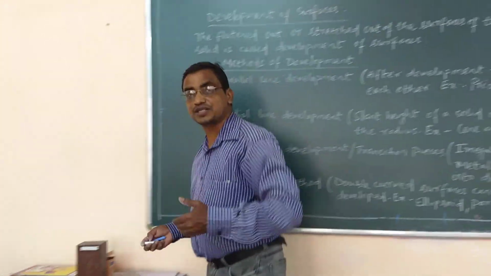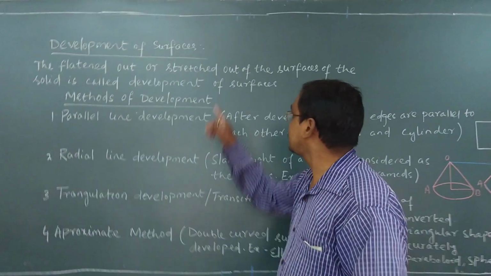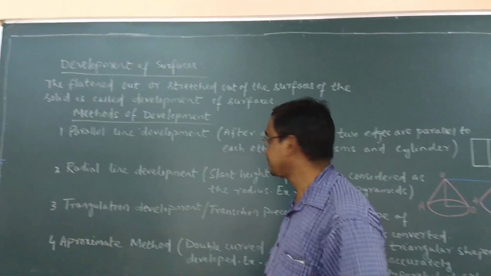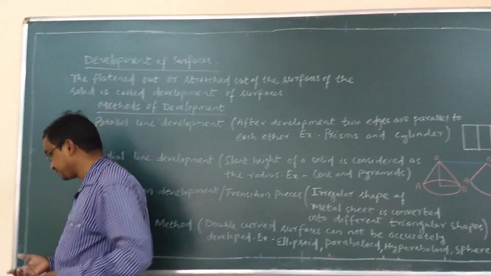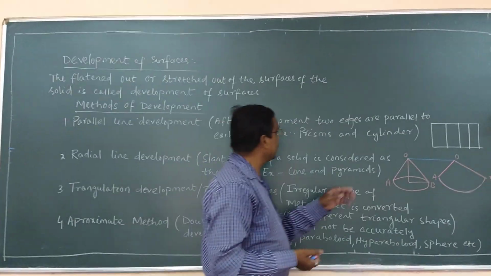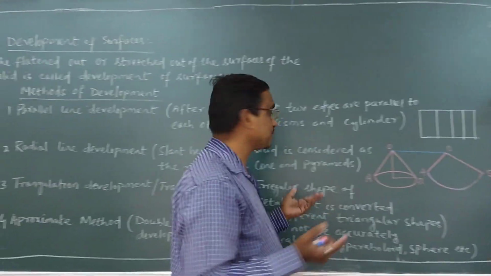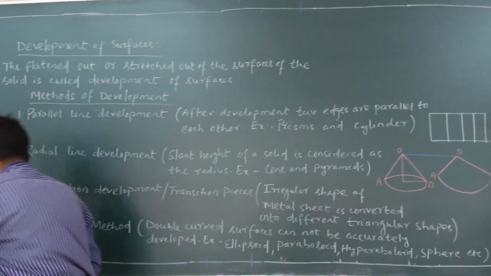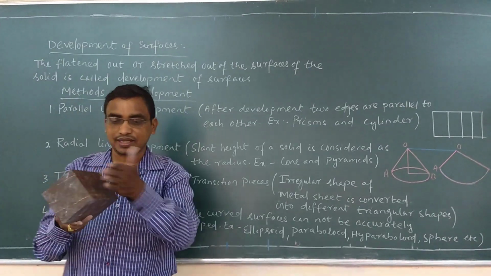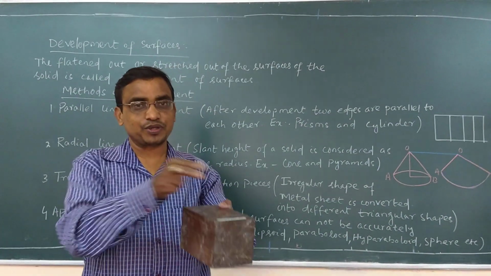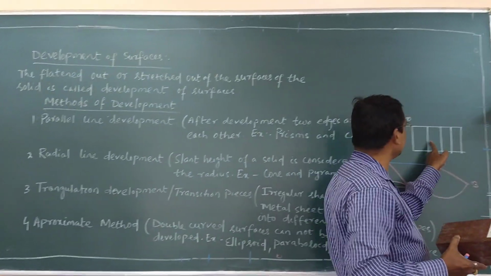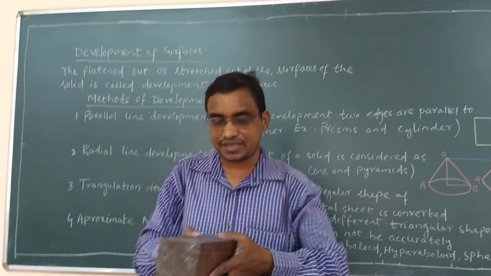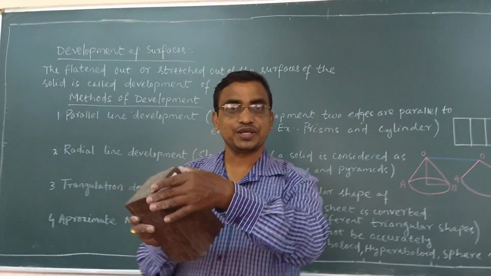Then what are the various methods to develop the solid? The first method is parallel line development. In this method, the prism and the cylinder are developed. When I develop a square prism, I get one rectangle, two, three and four rectangles, and the first edge and second edge are parallel to each other.